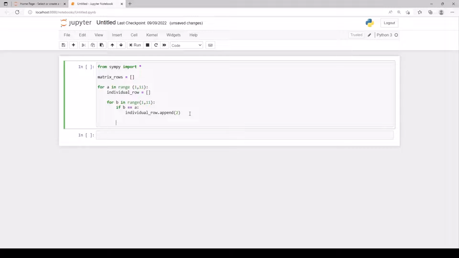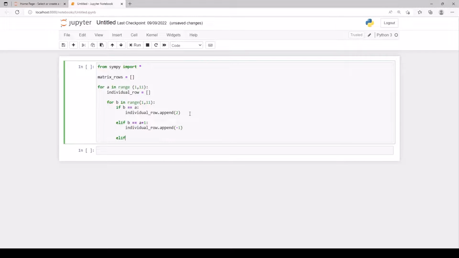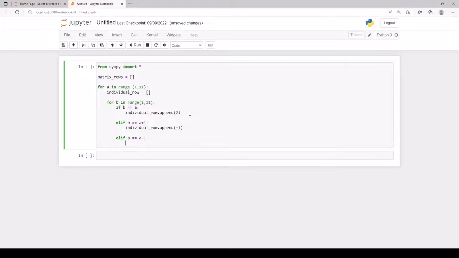Next, else if B is equal to A plus 1, individual row.append -1, and then else if B is equal to A minus 1, individual row.append -1. So for all the off diagonals, I am adding -1 to them. Those elements will always be -1.